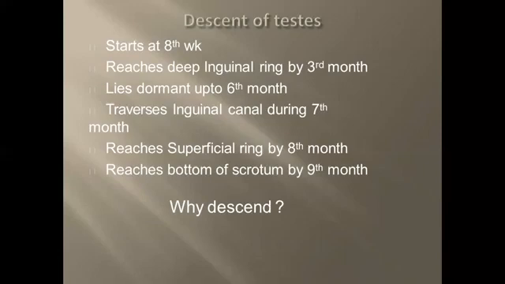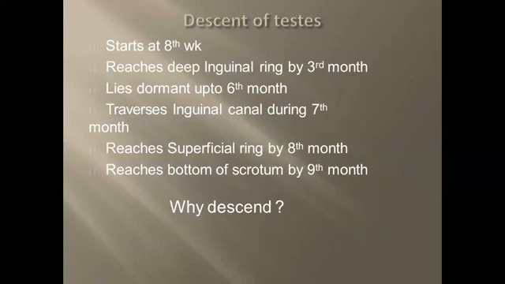It reaches the deep inguinal ring by the 3rd month and lies dormant up to 6 months at the level of the deep inguinal ring. It traverses the inguinal canal during the 7th month of pregnancy, reaches the superficial ring by the 8th month, and by the 9th month it reaches the bottom of the scrotum.